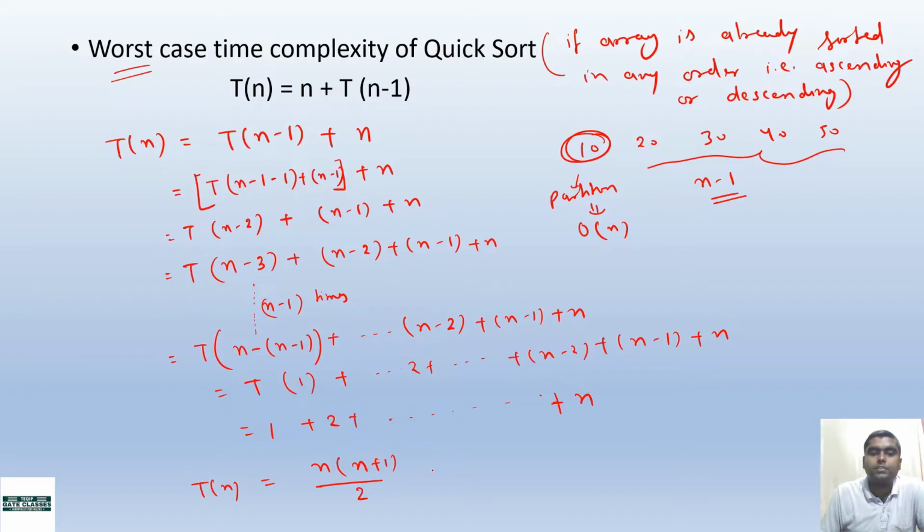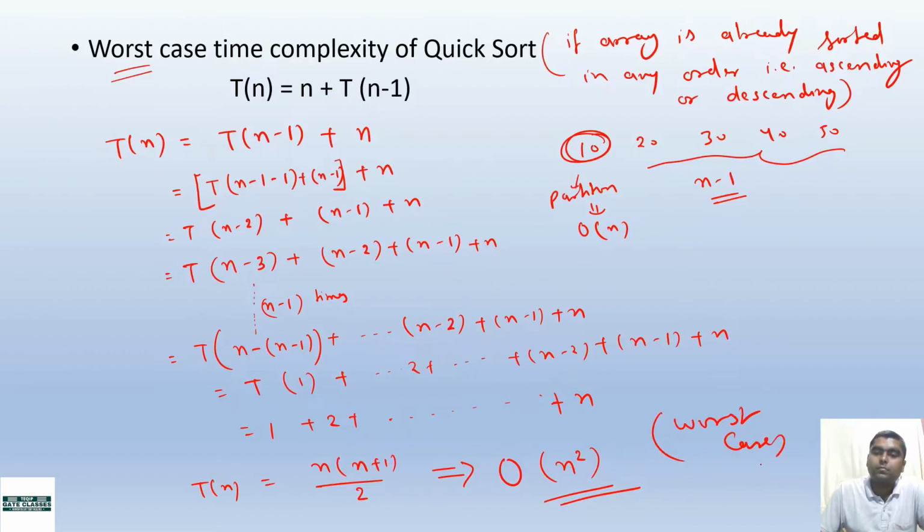So finally in terms of time complexity, what will be the time complexity of this particular algorithm? Order of n square, because n into n is order of n square, so the highest term is n square. So this is the worst case time complexity of this particular algorithm. So the worst case time complexity of quicksort algorithm is order of n square.